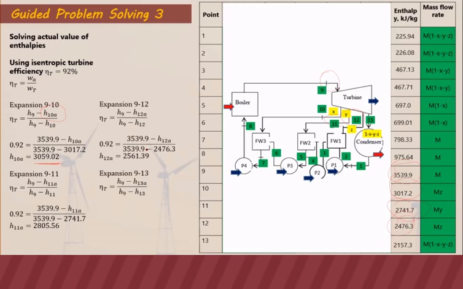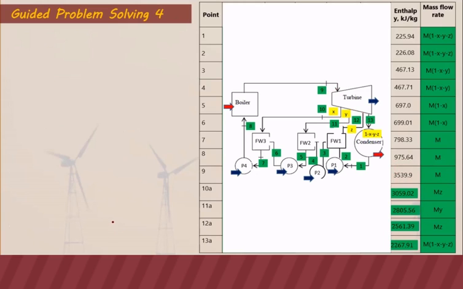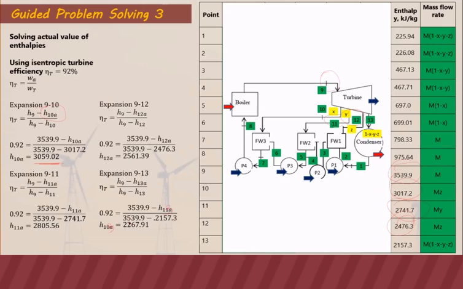And finally, for expansion 9 to 13, using the same process, we get H13 actual. Our H13 actual is 2267, which is also greater than the ideal value.